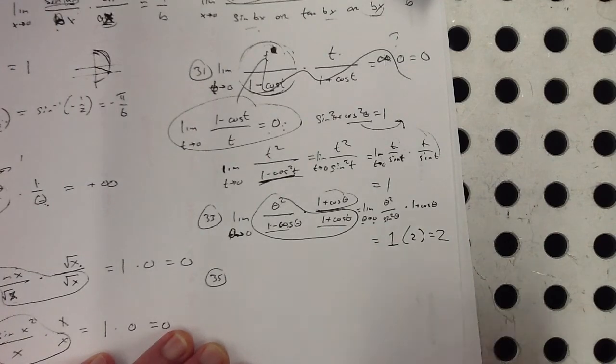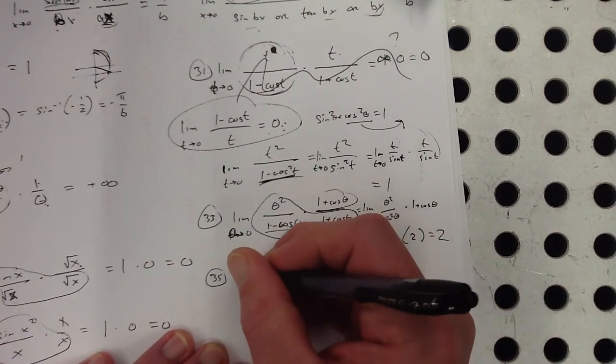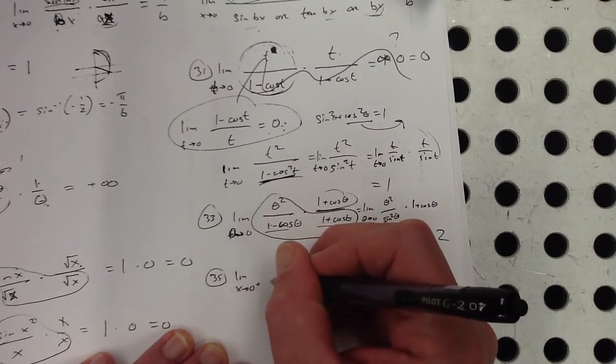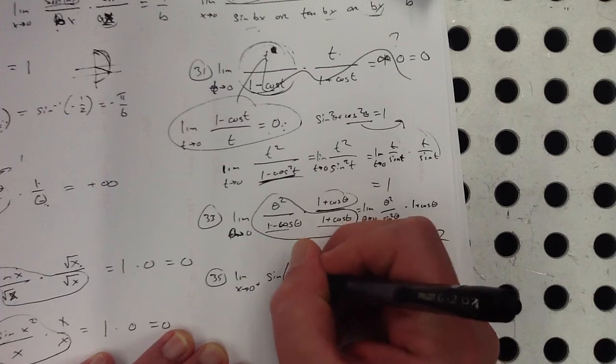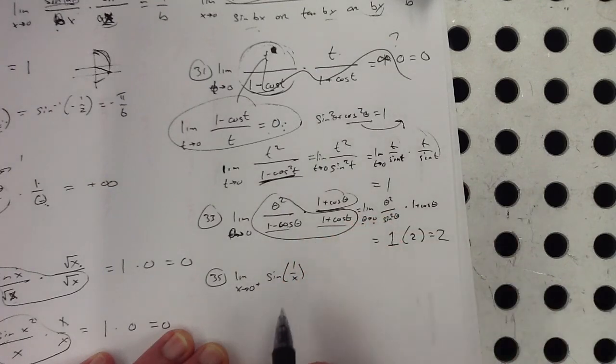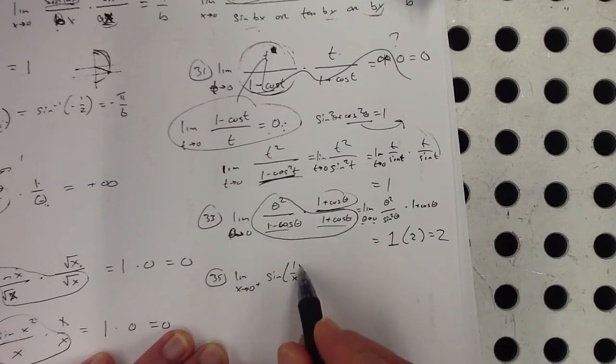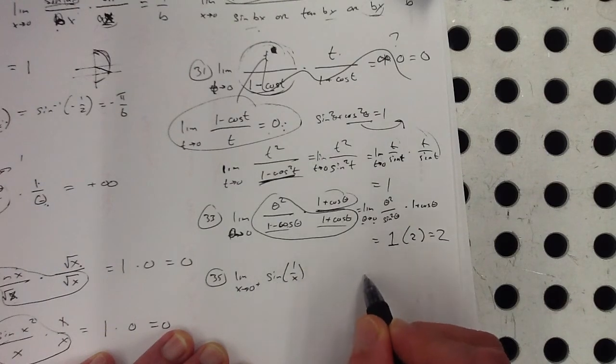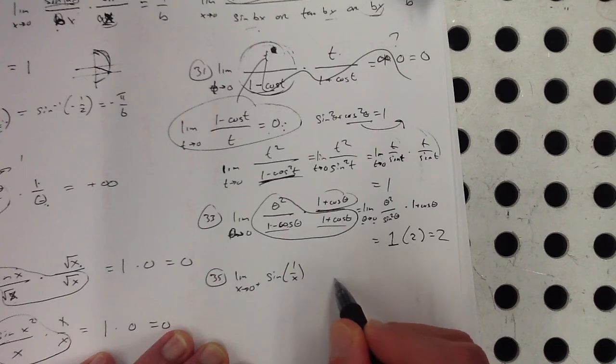All right, back to composite type things. Limit as x approaches 0 from the positive side of sine of 1 over x. So as x approaches 0 from the positive side, this is going to go to infinity. And the sine of infinity, well, the sine function is forever bobbing up and down between 1 and -1.